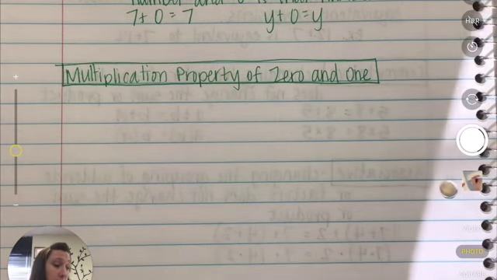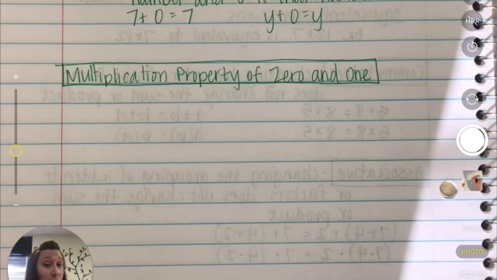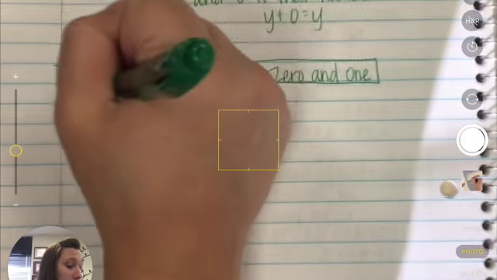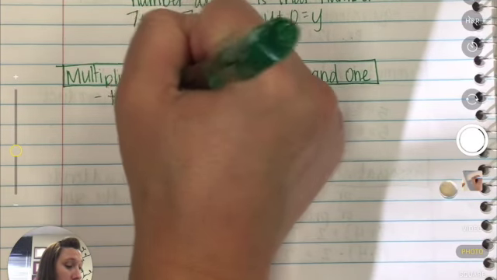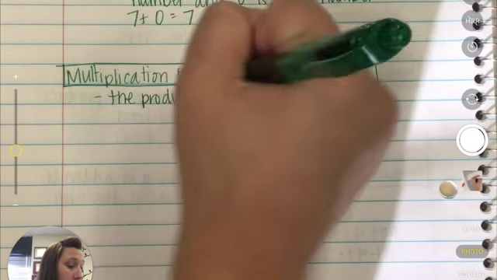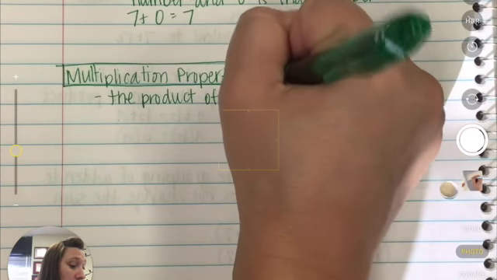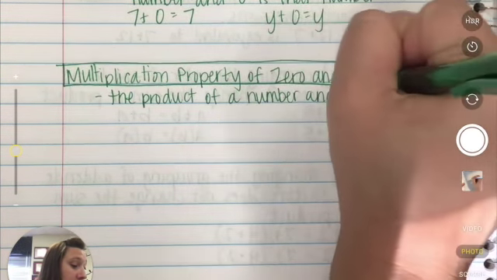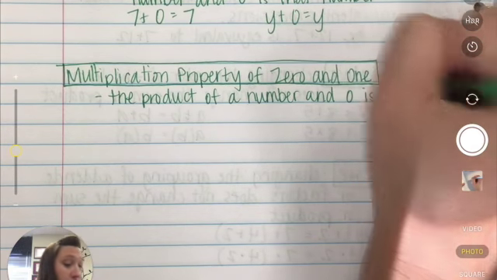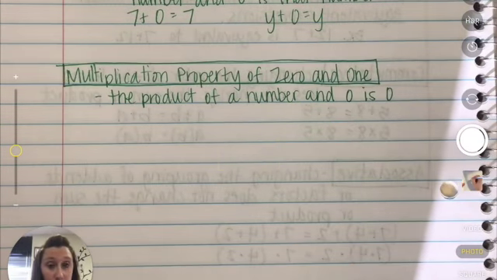It just says, and it's got 2 parts, the product of a number and 0 is 0. So anything times 0 is 0, right?